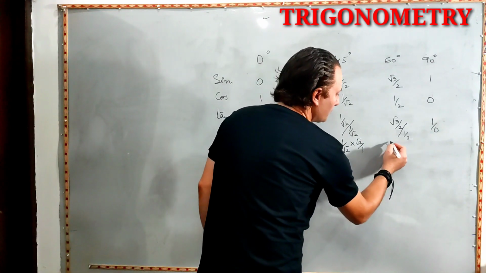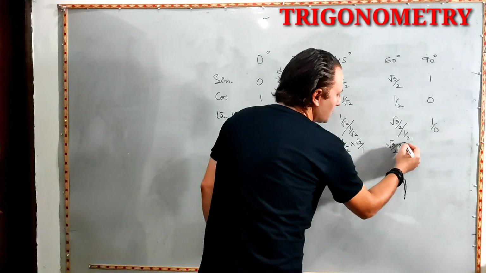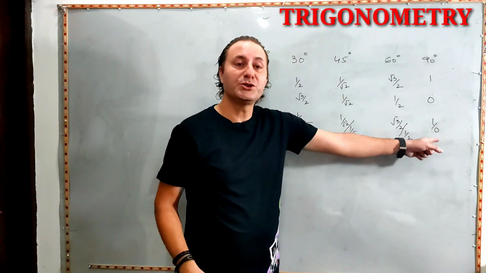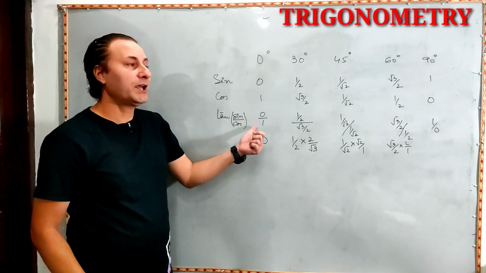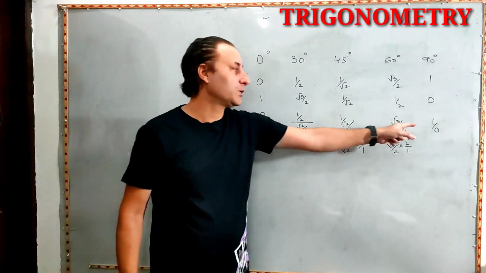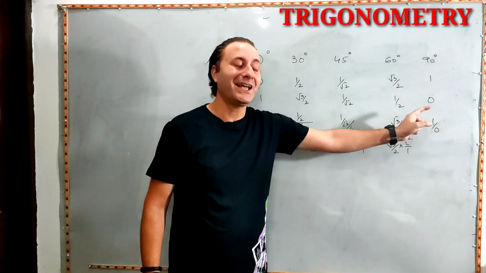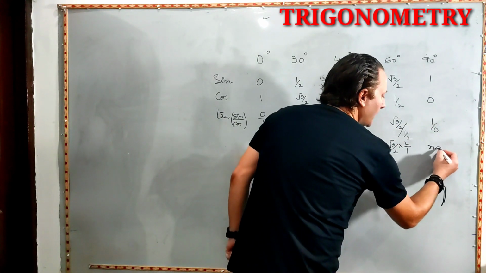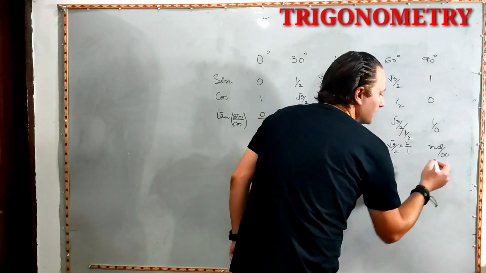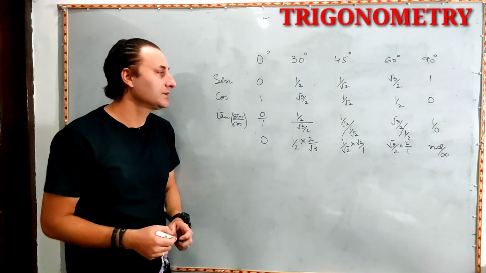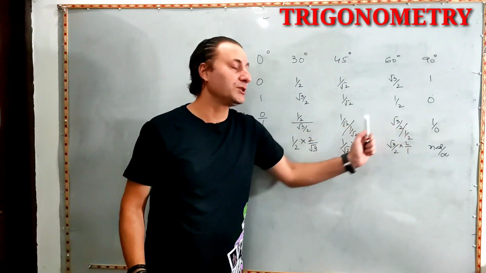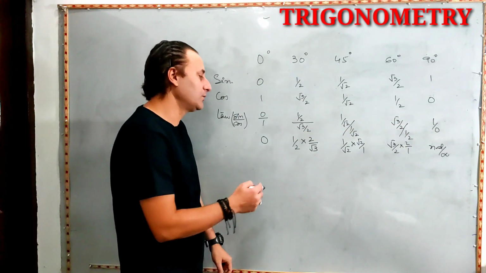Then we have root 3 upon 2 into 2 upon 1. And here this is 1 upon 0. 0 divided by anything is 0. But 1 divided by 0 or anything divided by 0 is either not defined or infinity. Always remember this, guys. So 0 upon 1 is 0. But 1 upon 0 will be not defined or infinity.